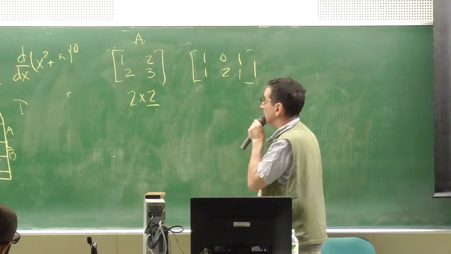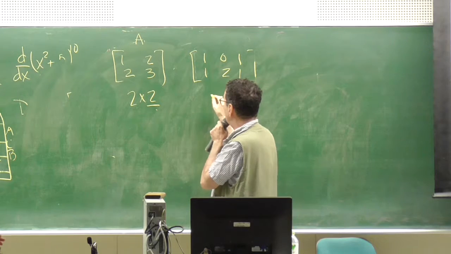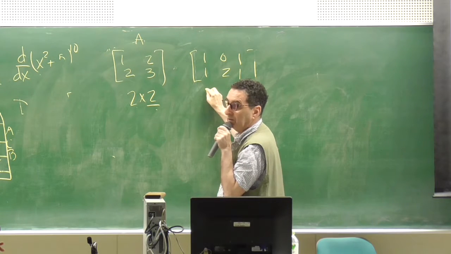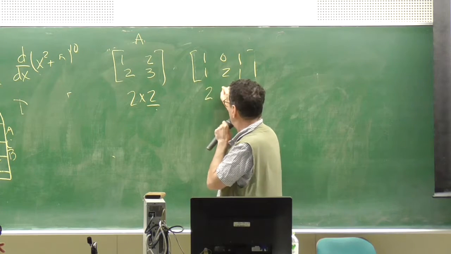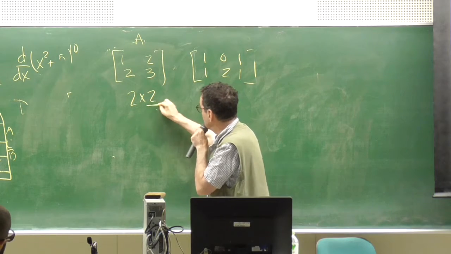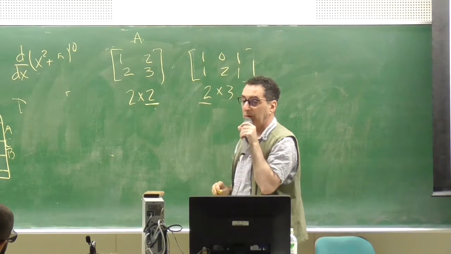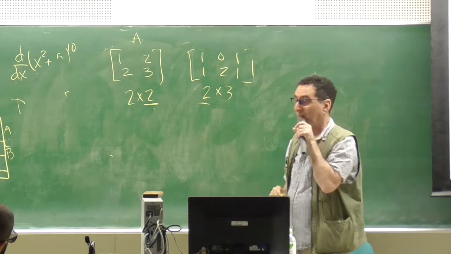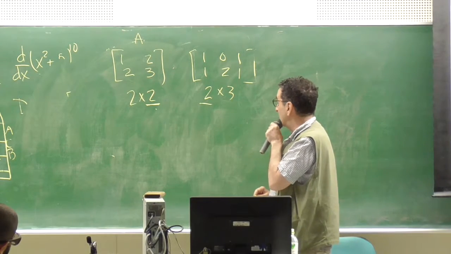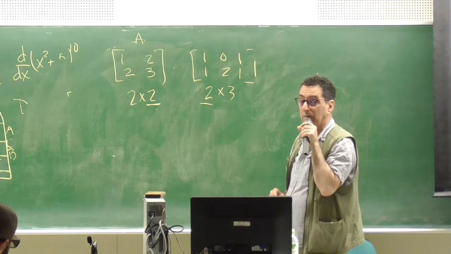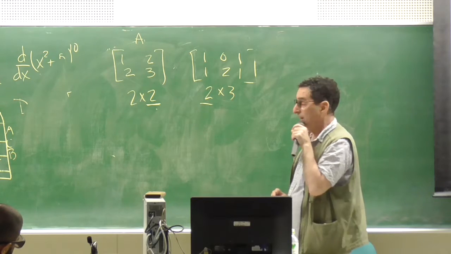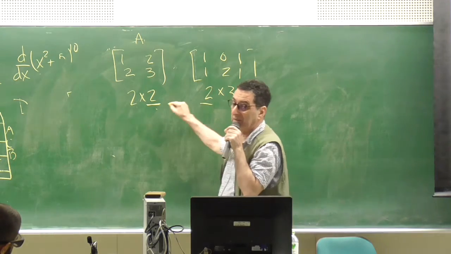Now we're allowed to multiply these because this size is what? How many rows? 2 by 3. As long as these match, we can do this multiplication. Now the question is, what's the size of the result? Is it going to be a 2 by 3? A 2 by 2?